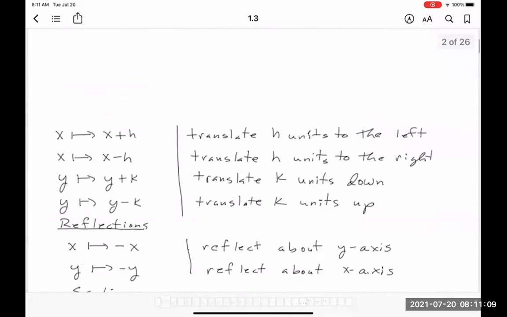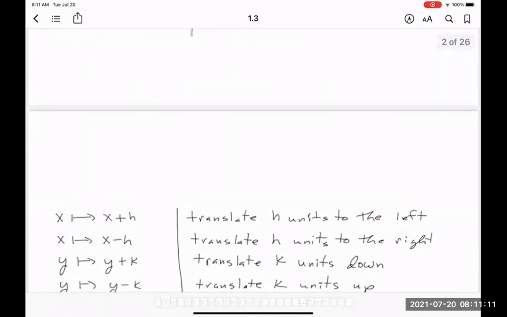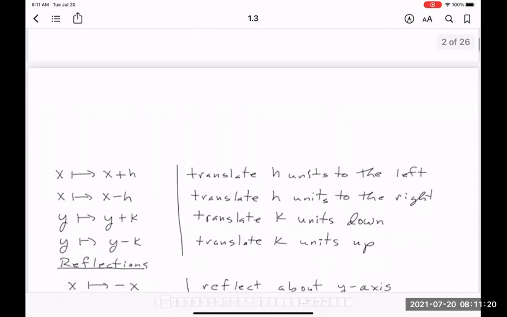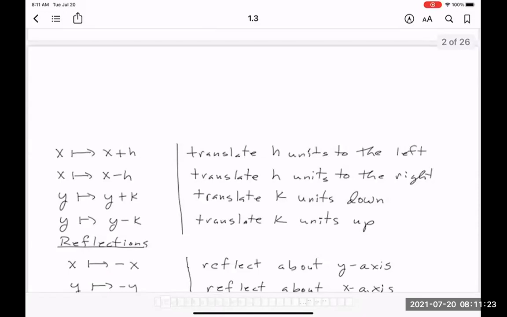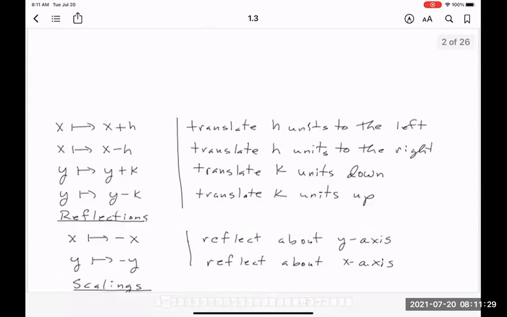Okay, so I will discuss a transformation and then the result of that transformation. I will replace x by x plus h. That will result in translating h in the negative x direction. So if I add h, I will translate in the negative x direction by a factor of h.